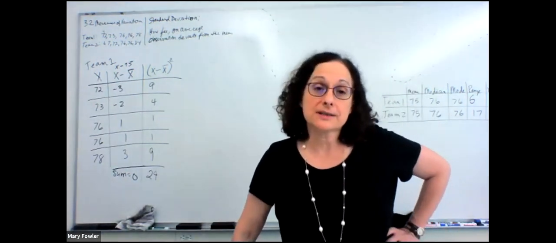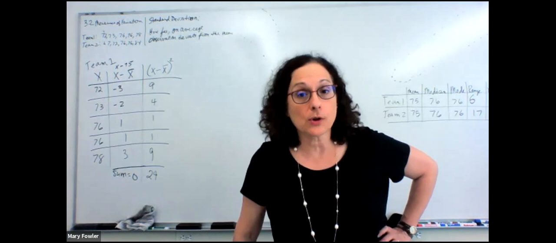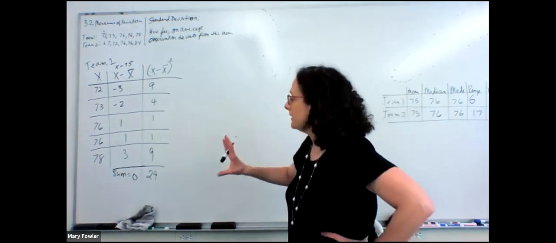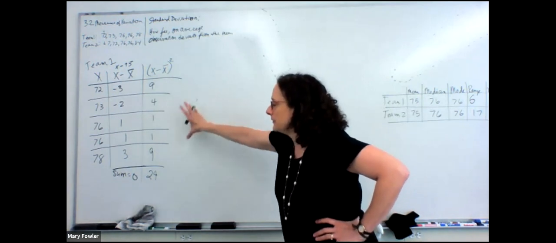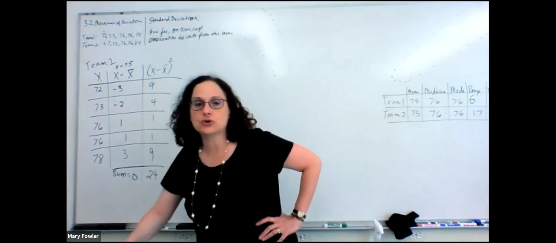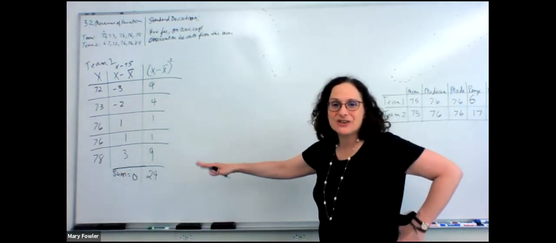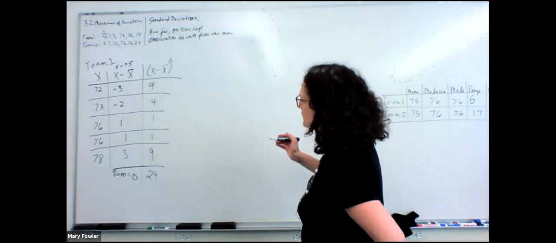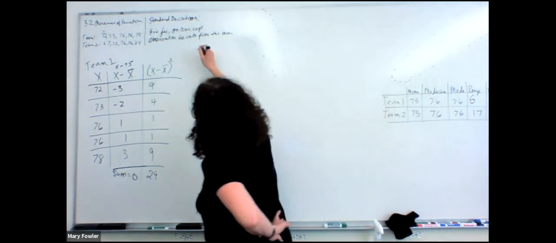So I'm actually going to stop in the calculation and put the formula on the board, the sample standard deviation. Then we will figure out what we're supposed to do to finish up this calculation.